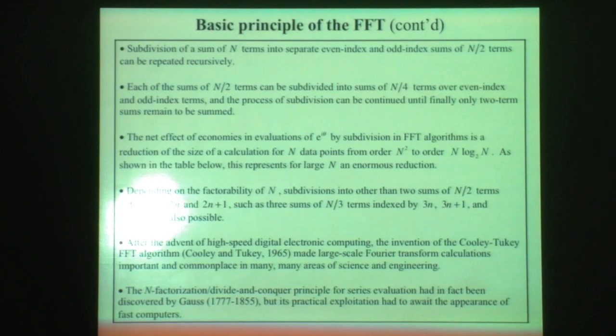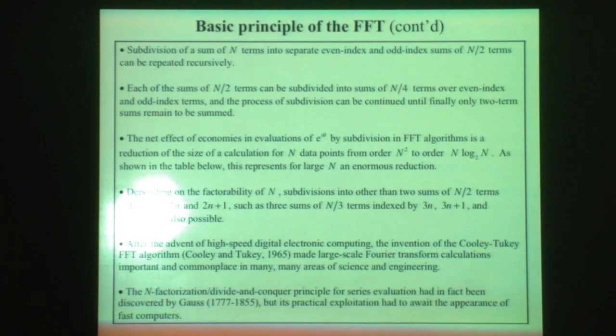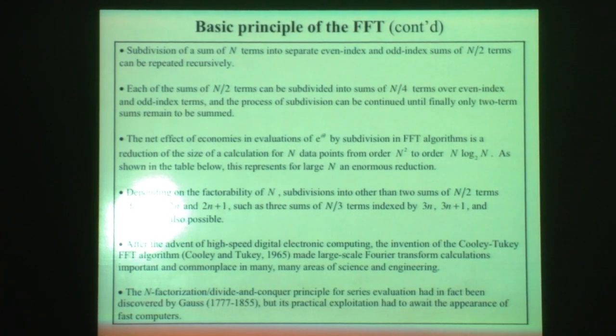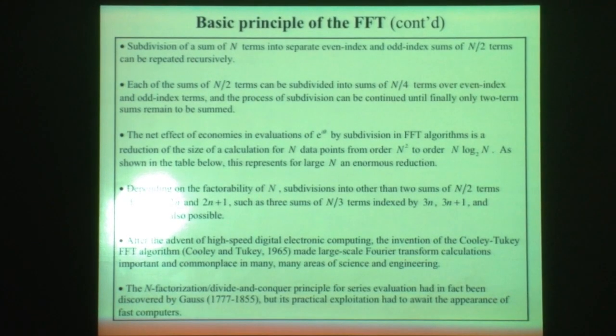But if you're doing all this by hand calculation, the size of calculations that we're concerned with in macromolecular crystallography, or even in small molecule crystallography, is impractical without computers. So although Gauss had discovered it in about the turn of the century, around 1800, it was not practically useful at the time because you needed fast computers.